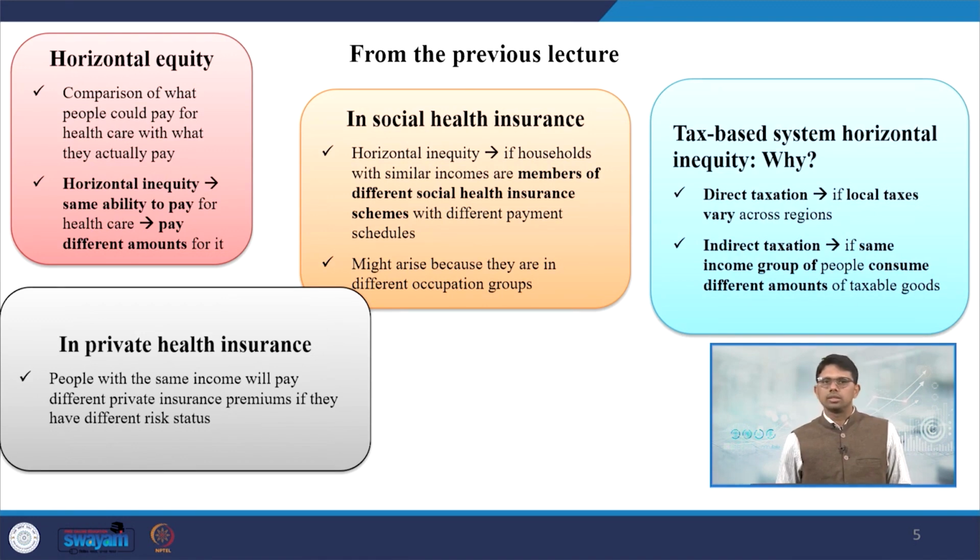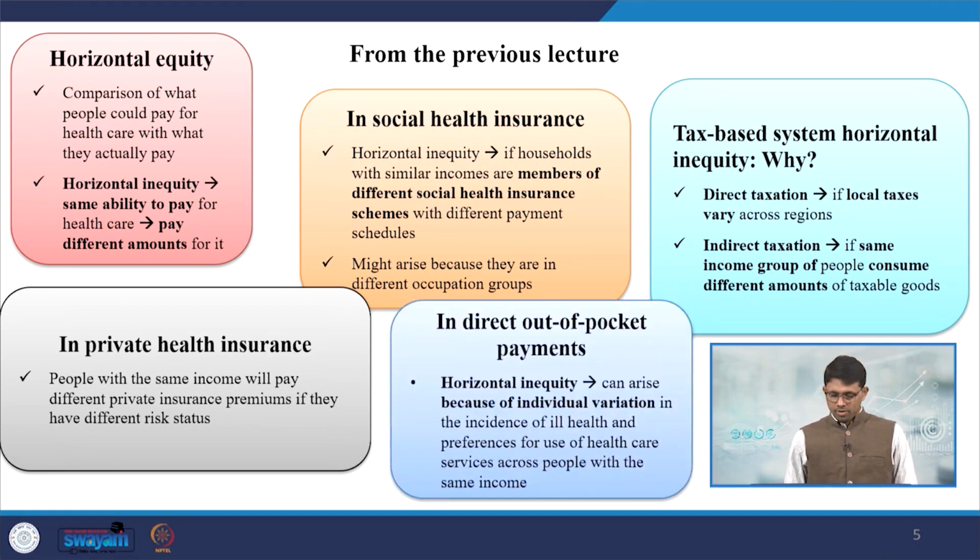And understanding the tax-based system and its connection with horizontal inequity, we said that with direct taxation, especially if local taxes vary across regions, that is considered to be to some extent progressive. And in an indirect taxation system, if people of the same income group consume different amounts of taxable goods, then that creates inequity.